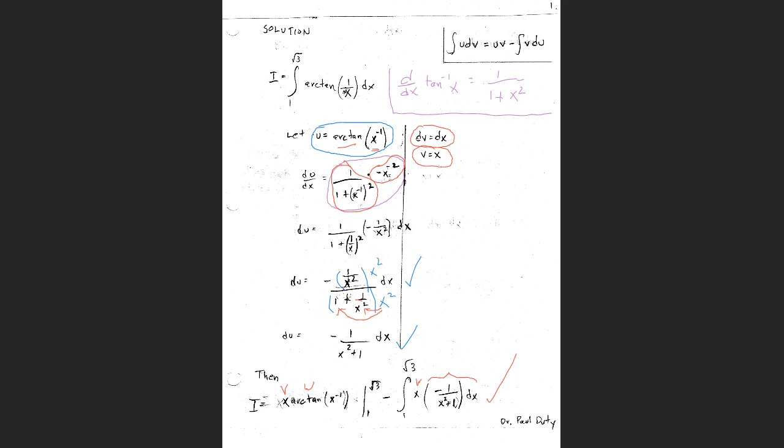Now the limits do not change when you do integration by parts. For substitution, limits will change. You get new limits. But for integration by parts, the limits remain the same, and I just have them where they belong, right? That gets us here.